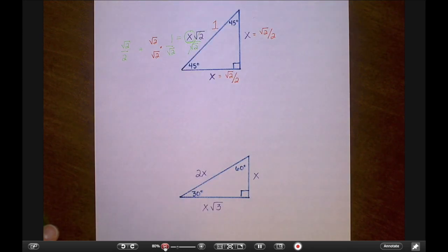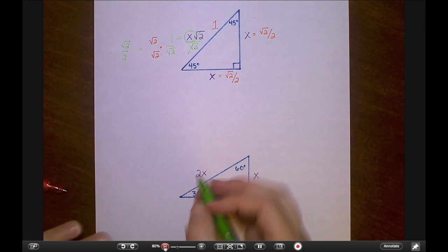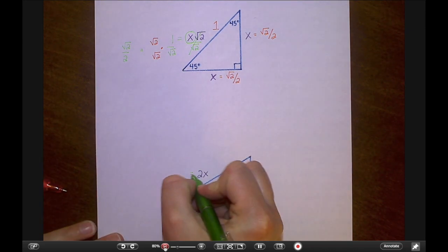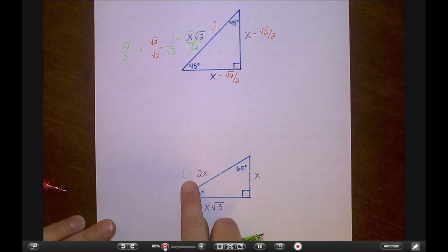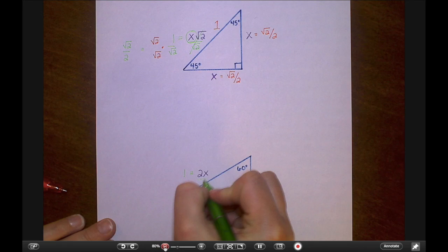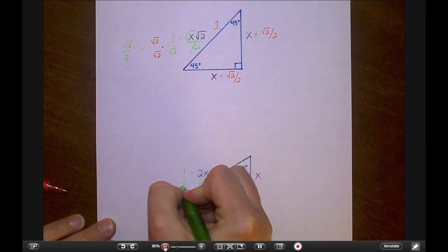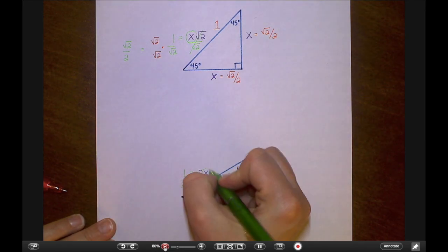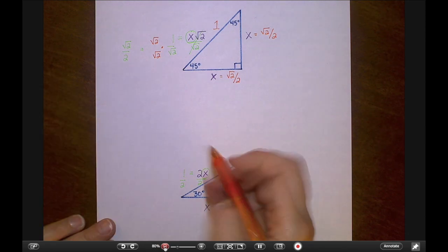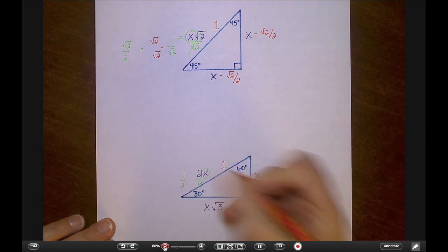So if I do the same thing with the 30, 60, 90 triangle, this one's actually a little bit easier. If I set the hypotenuse here equal to 1, just like I did before, this time solving for x is not nearly so hard. All I have to do is divide by 2. And I get that x is equal to 1/2. Okay, so again, the hypotenuse is equal to 1.